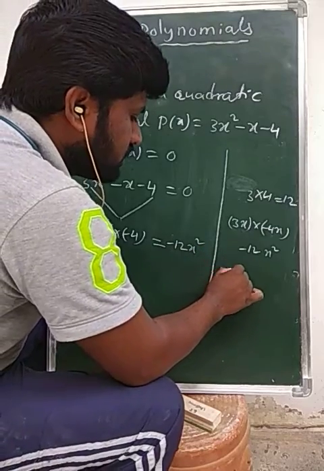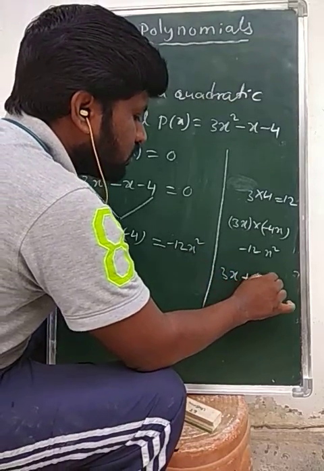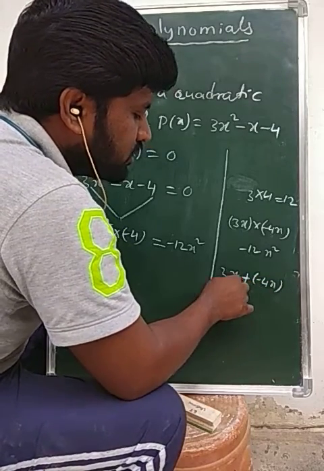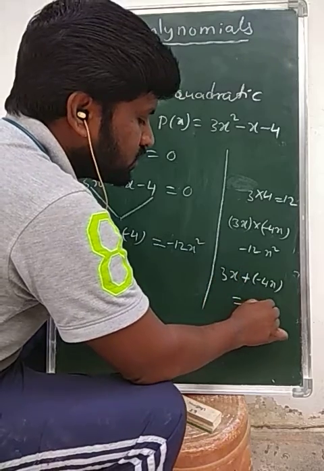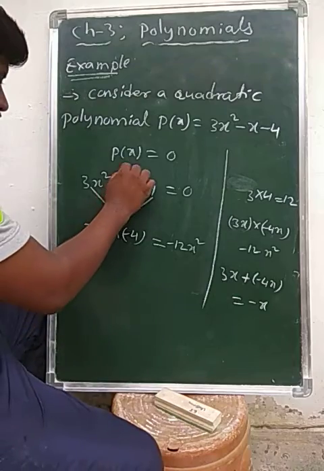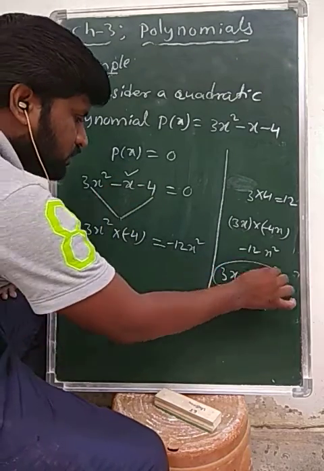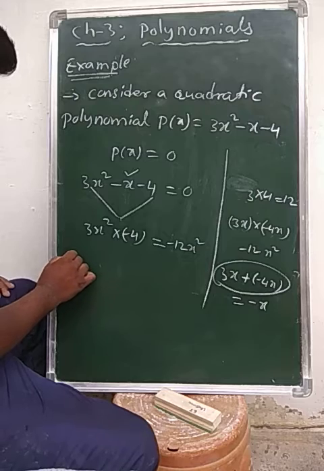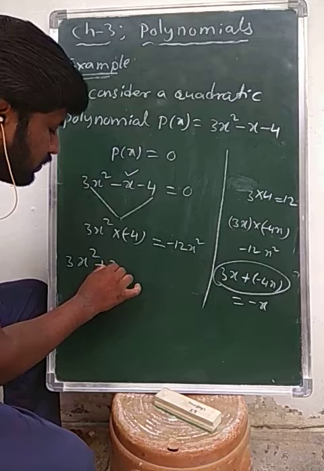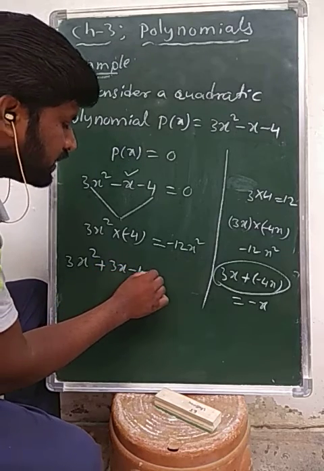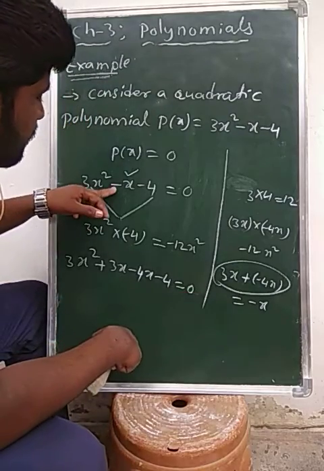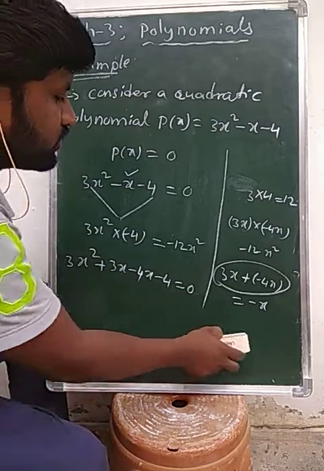Again you add 3x plus minus 4x, 3x minus 4x, we get simply minus 1x. So in the place of minus x I am going to write 3x square plus 3x minus 4x minus 4 is equals to 0. In the place of minus x I have written plus 3x minus 4x.